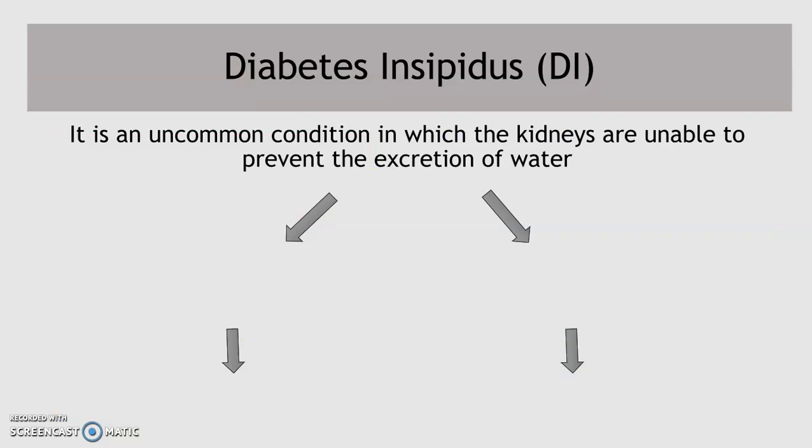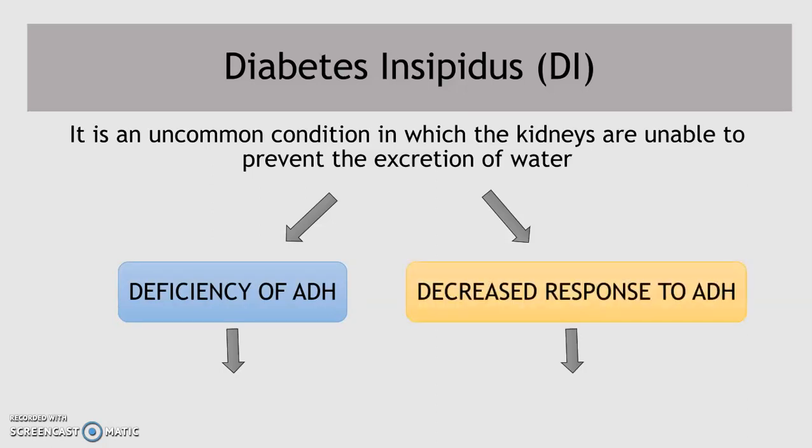So I'm going to be explaining diabetes insipidus, also called DI. It is an uncommon condition in which the kidneys are unable to prevent the excretion of water. This condition can be caused by a deficiency of ADH or a decreased response to ADH.